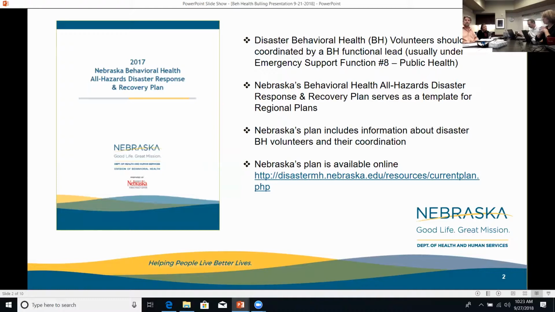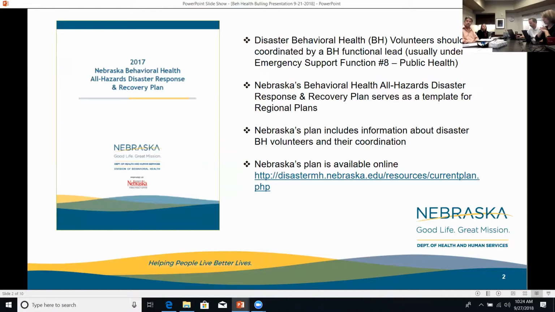And each regional behavioral health authority maintains a regional disaster behavioral health plan that's based on this state plan. These regions are multi-county, and they serve as the local network manager for publicly funded mental health and substance abuse services.